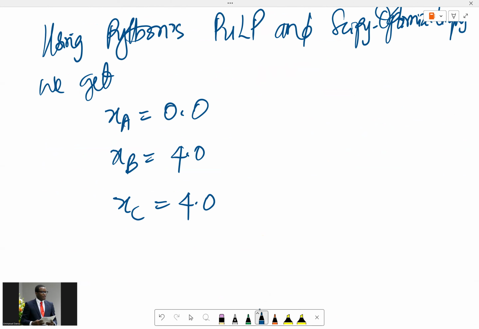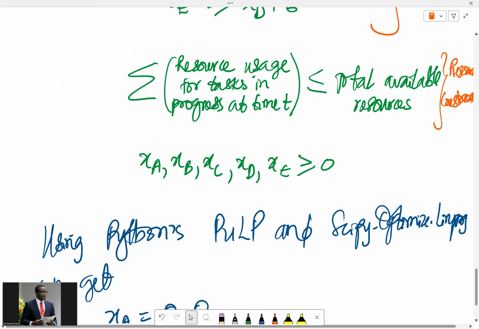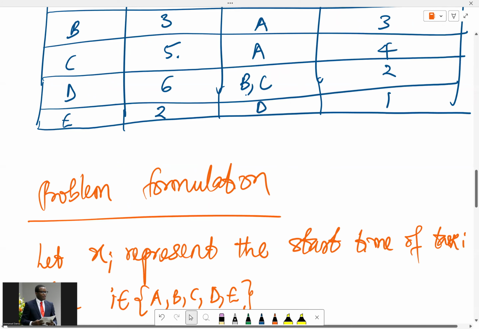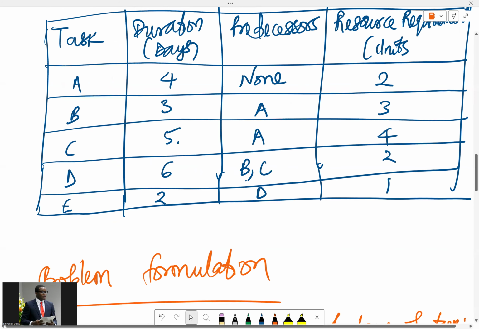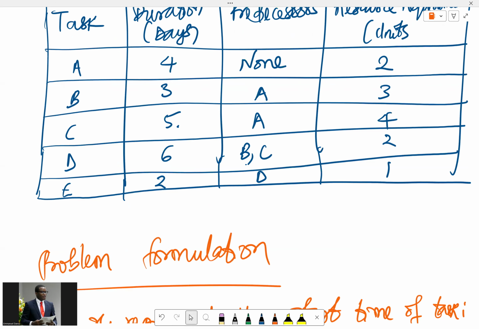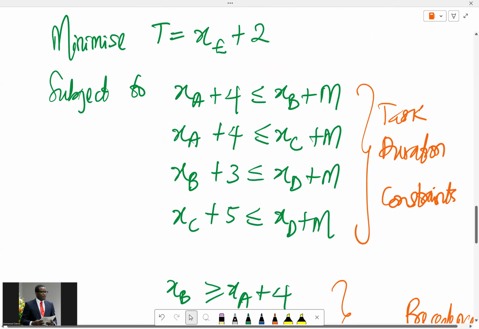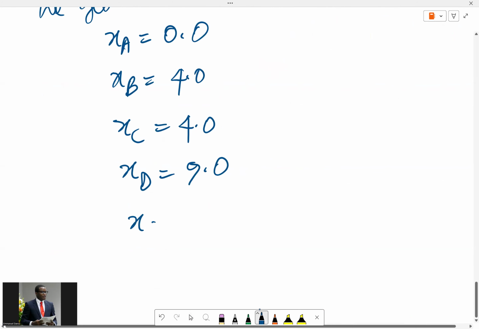So 0, 4, 4. Then the start time for task D is actually 9 days, because task D can only commence after tasks B and C have been completed. Adding up all the time, that will be 9 days. Then XE, the start time for task E, is 15.